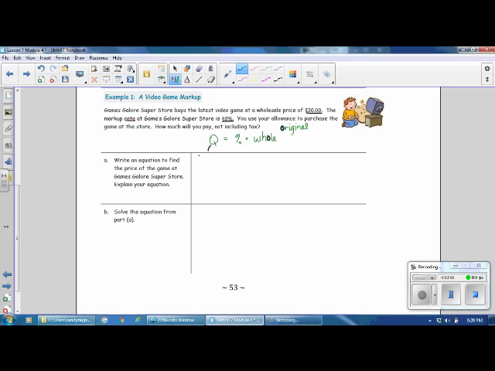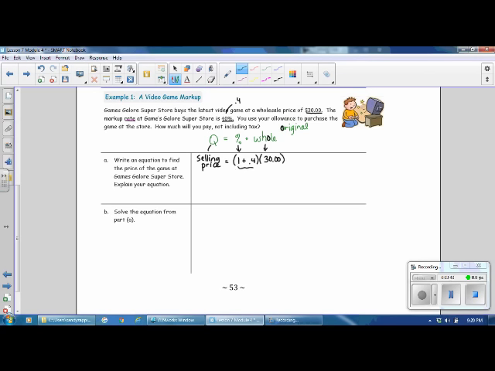So again, our formula is selling price is equal to, now the percent for a markup is 1 plus the markup rate. The markup rate is 40%, and the decimal for 40% is 0.4. 1 represents 100%. And then we multiply that times the whole, which is the original price of $30, also the wholesale rate.